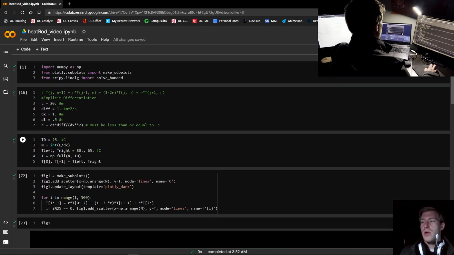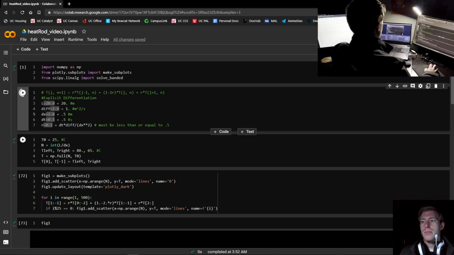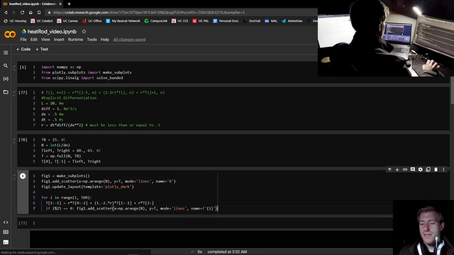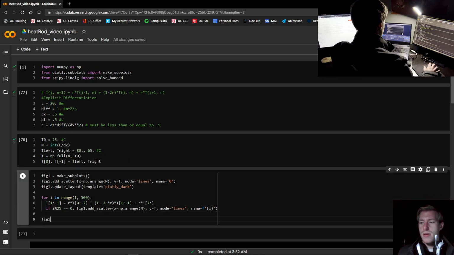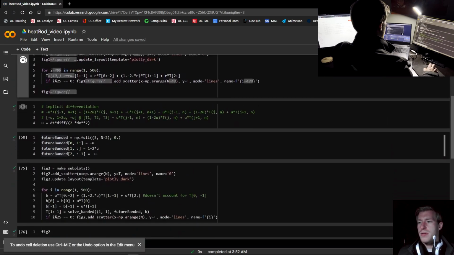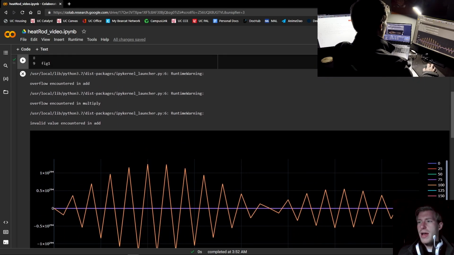So now let's test where we go wrong. So if we made dx 0.5 on this, and move Fig 1 to the end of this, just for convenience. Get rid of this. Show me Fig 1. You can see it goes out of whack.